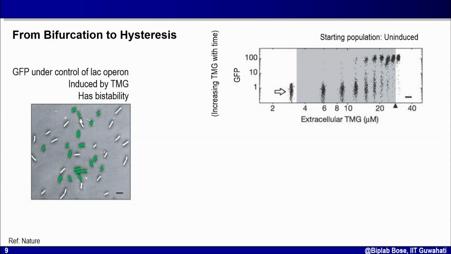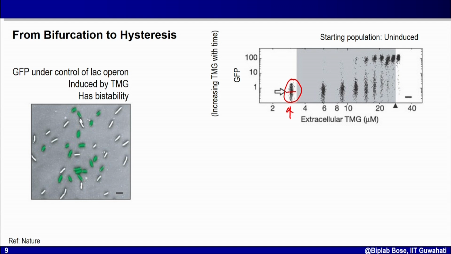Then they keep on increasing the amount of TMG, that is the inducer, in this flask. Initially they added this amount of TMG, that may be 3 micromolar, and then they measured the GFP intensity in a population of cells. Here the data is shown as dots, each dot representing one cell. You can see on an average the value of intensity is somewhere here.